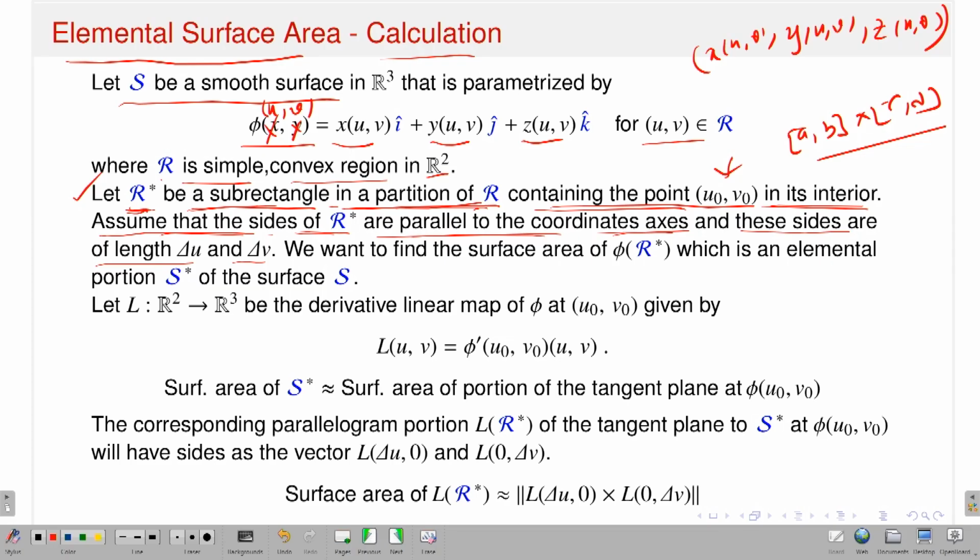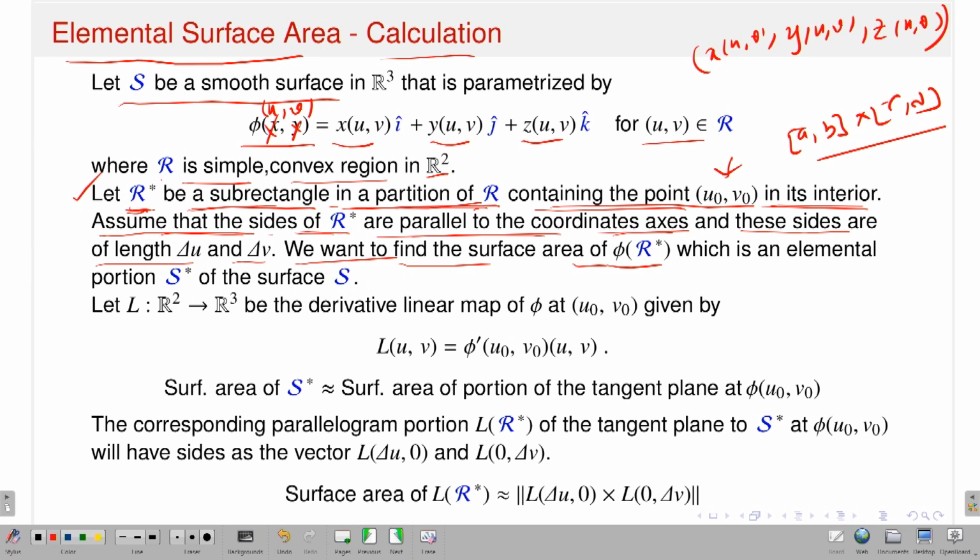Then I have a parameterization phi from R2 to R3. Now I have all kinds of information in my domain R2. Phi is a parameterization, a map from R2 to R3, which will give you the surface. So we want to find the surface area of phi of R star, that means the image of R star under the mapping phi. R star has an interior point u0 comma v0.